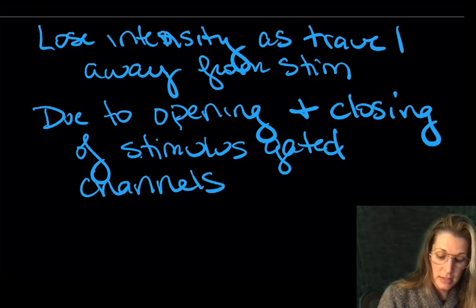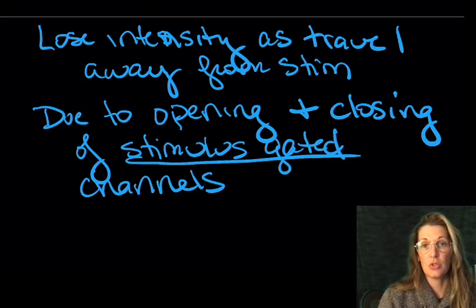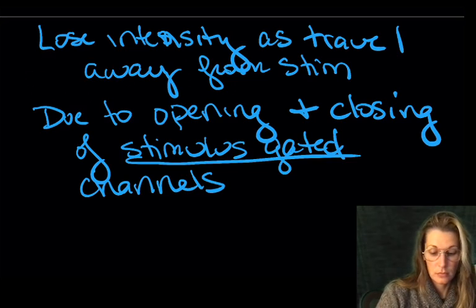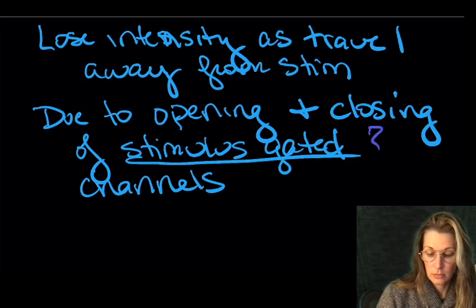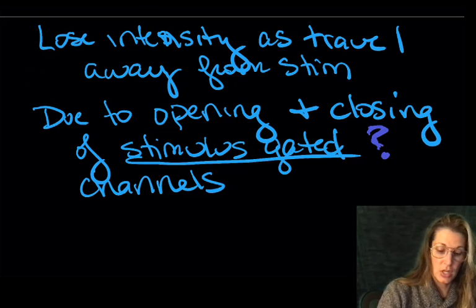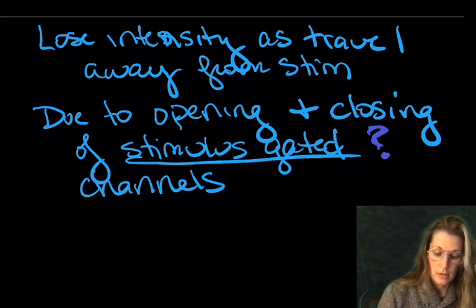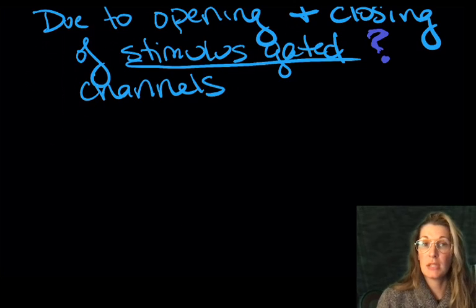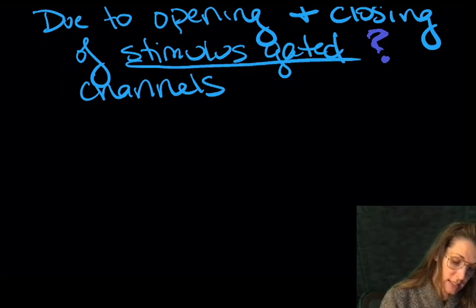Okay, how is this different than action potentials? Okay, in action potentials, they're voltage gated channels. All right, graded potentials are due to opening and closing of stimulus gated channels, short distance, this is short distance signaling.